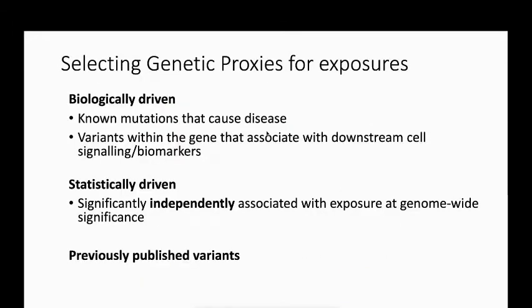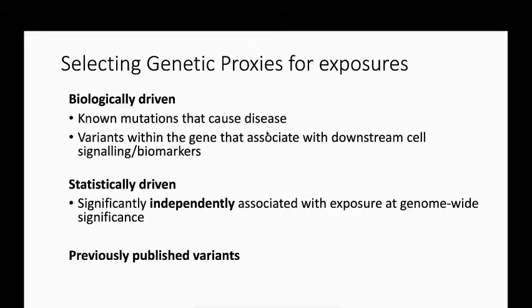And to bring in some new information now, how do we select the genetic variants, or as we can also call these, the instrumental variables? There are a number of different techniques that we can use, and you'll see different papers doing different methods. Firstly, these can be driven by our understanding of the biology. So we could look at known mutations that cause disease.